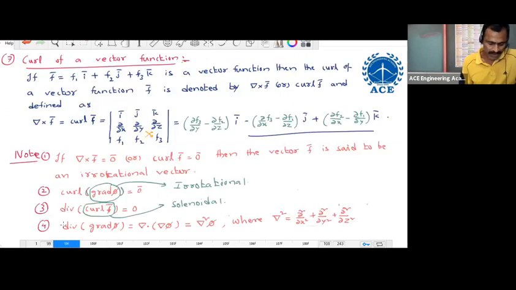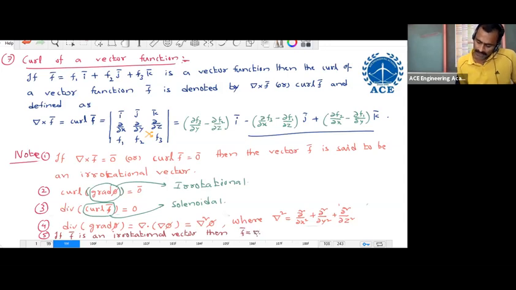Next note point number 4. If f bar is an irrotational vector, then f bar equal to del phi, where phi is scalar potential function.